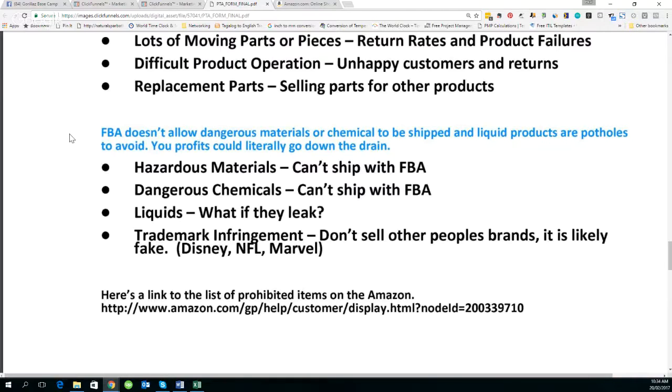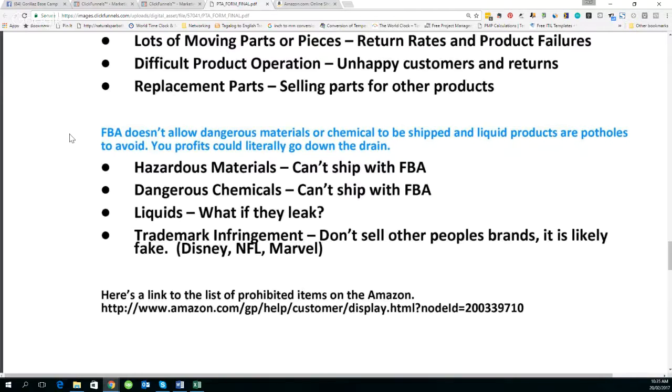So FBA, when you're sending products into FBA, you need to be careful what you actually send in, because they don't allow certain things. Some of the obvious ones are dangerous materials and hazardous chemicals. Now, they change the rules every now and again. They've just had a quick rule change with respect to what is a hazardous material. Or you may hear the term hazmat.